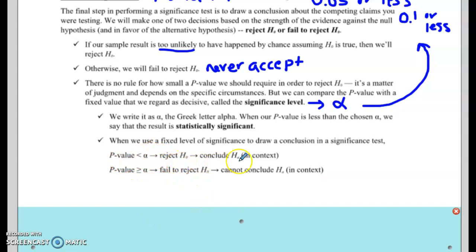And if we reject the null, we can go with the alternative in context. We'll see some examples in the 9.1 homework quiz, and I do a video on that. If it's greater than the alpha level, so remember, less than alpha are small and bigger than alpha we consider large p-values, then we'd fail to reject, and we can't go with the alternative.